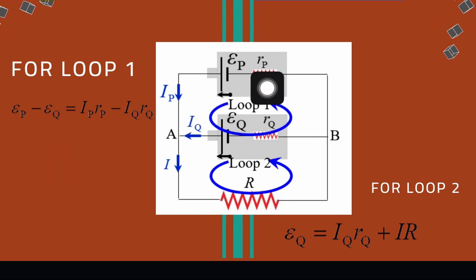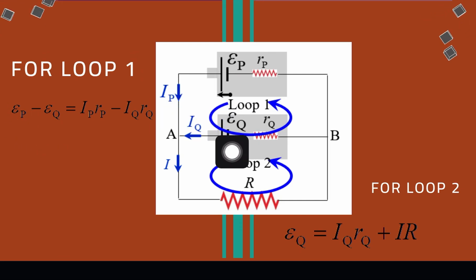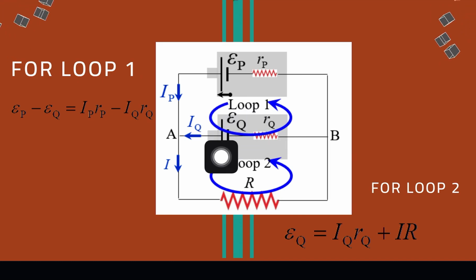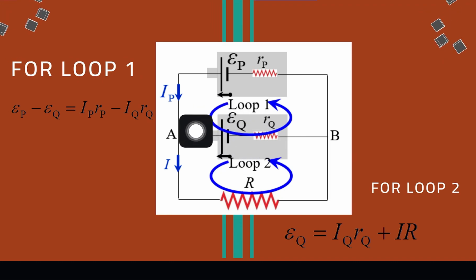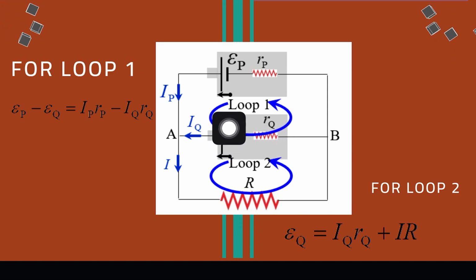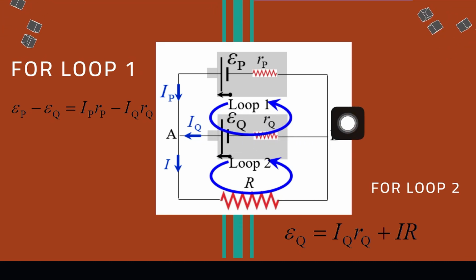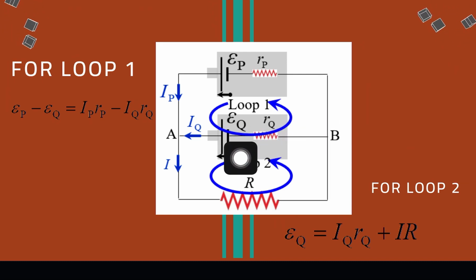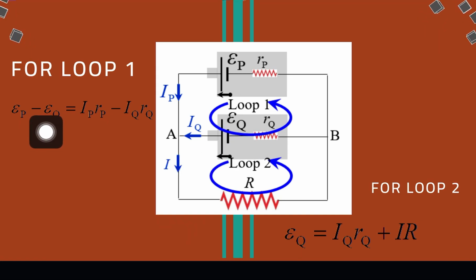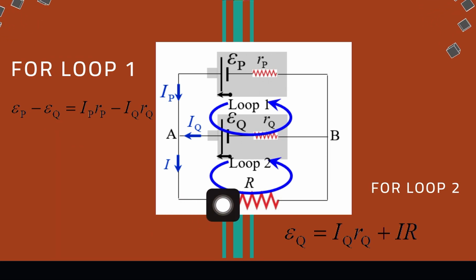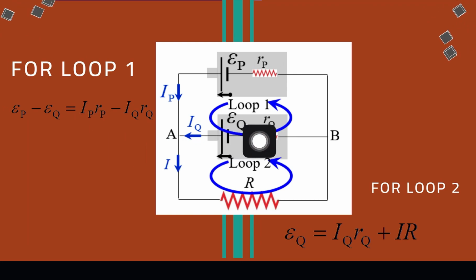Positive EP plus the other one, which is EQ. But look at the direction of the loop. The loop is moving to the right and leaving the negative terminal of the battery. So this EQ would be negative EQ, equals the summation of IR.